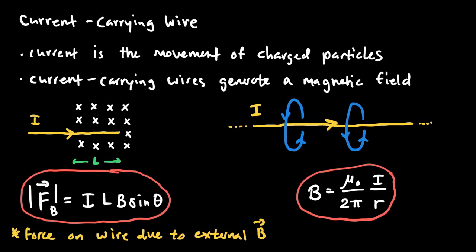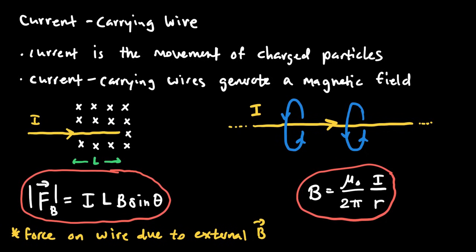And so we looked at this in a couple of different ways. First, we said, what happens if I have a current carrying wire in a magnetic field? So for this, I'm looking at the left-hand side of the screen, and I see that about half of this wire with current is in a magnetic field and the other half is not. So there is an equation for the magnetic force exerted on that wire due to an external magnetic field.